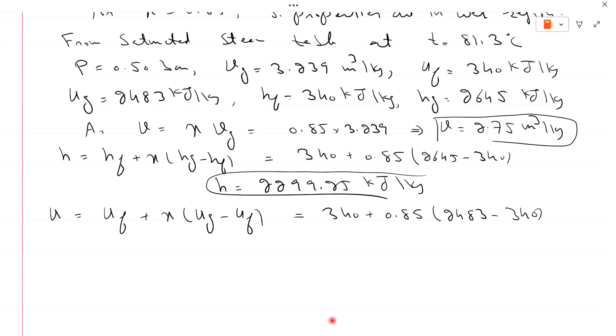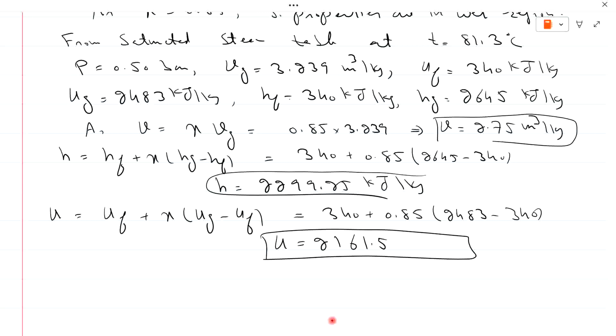So calculate the value of u. So u is equal to 2161.55 kilojoule per kg. Now put these values in row number 6.